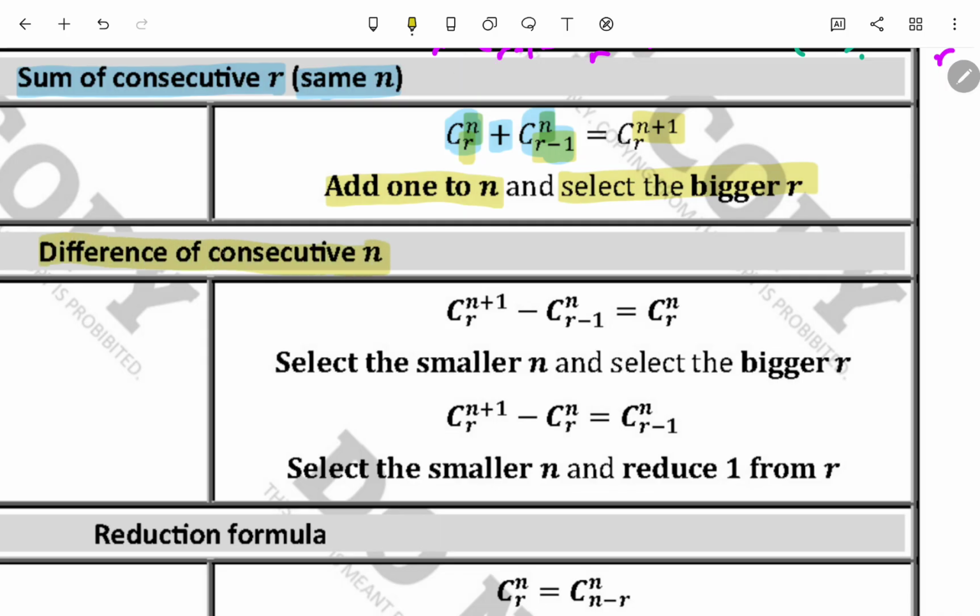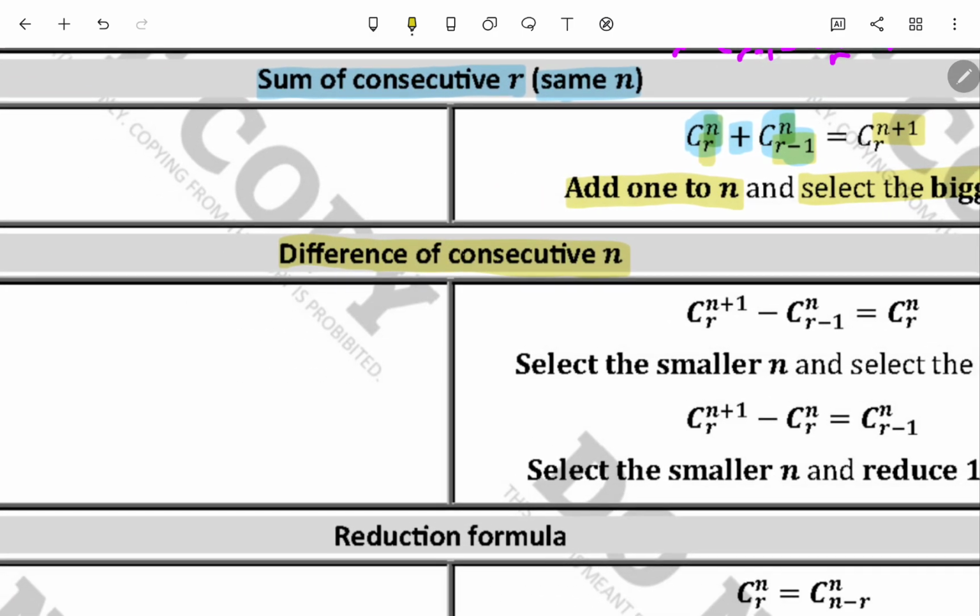Now we are going to have the difference, opposite to the sum. Difference of consecutive n is coming from the rule of sum, exactly like this.